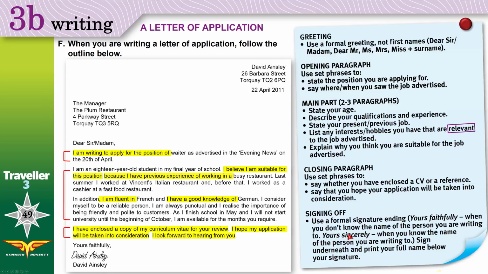You can write "Yours sincerely" if you know the name of the person you are writing to. And then you sign underneath, and then you print your full name below your signature. So you write "Yours faithfully", you sign, and then your full name.